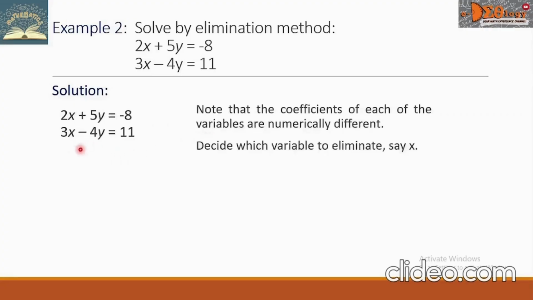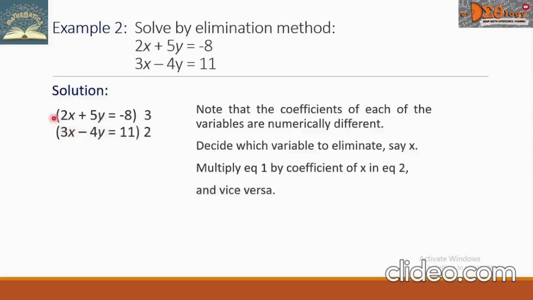In this case, we can decide which variable to eliminate. Let's say x. We're going to multiply equation 1 by the coefficient of x in equation 2, that is the number 3, and vice versa. It means the first equation we multiply by 3, the second equation we multiply by 2.